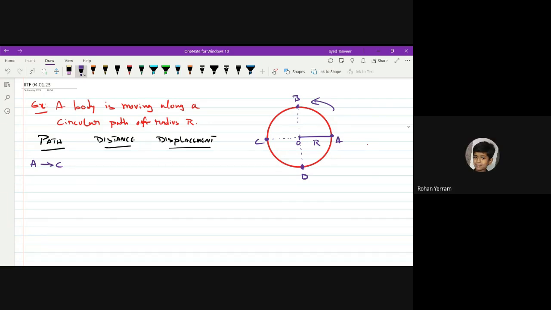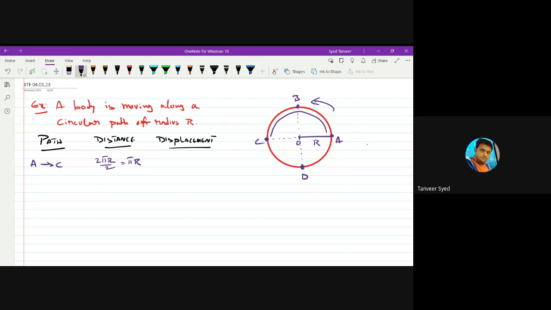Then the distance covered is the actual path length. So you have to measure the total path along the circumference of the circle. This is half of the circumference, 2 pi r by 2, which is pi r.